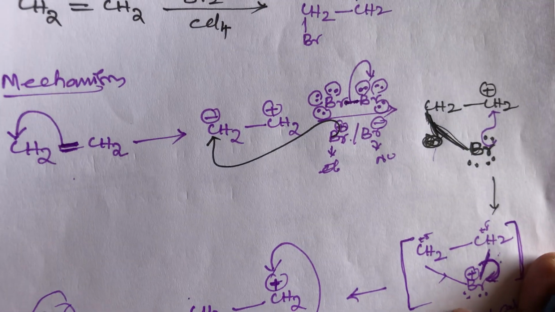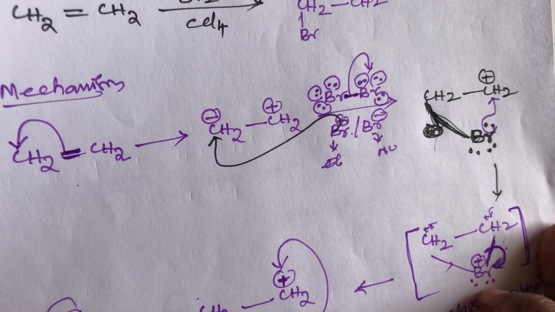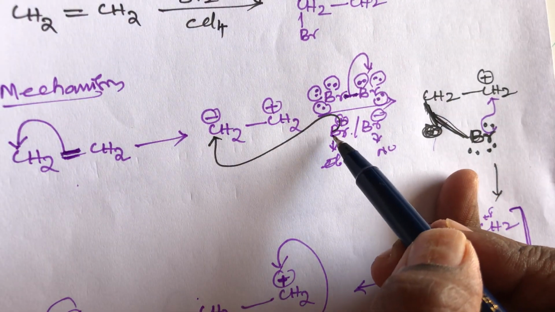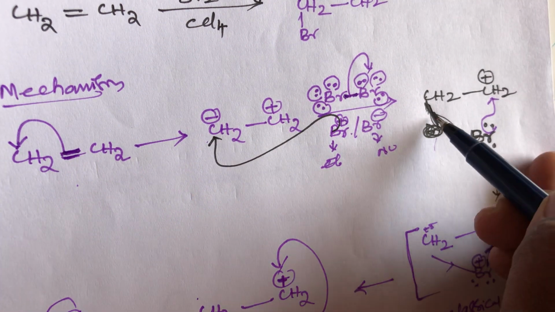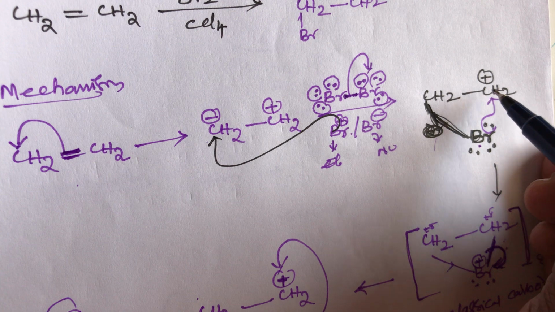In electrophilic addition reaction, the first attacker is the electrophile, here Br plus. This Br plus attacks the negative charge side, and we get CH2 Br and CH2 plus.